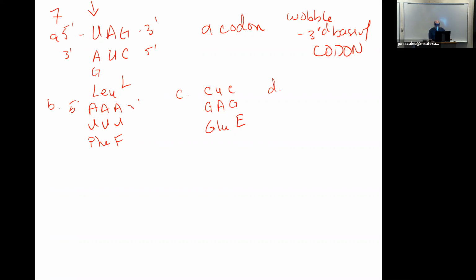D had the sequence A, U, G, and, oh, it's a start codon. Remember, this is the anticodon, so it base pairs with C, A, and U because A doesn't have a wobble. So CAU corresponds to the amino acid histidine.